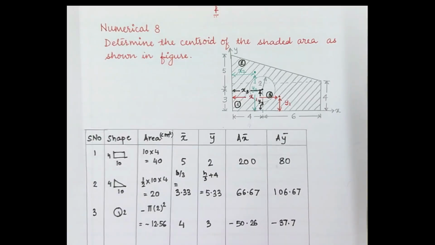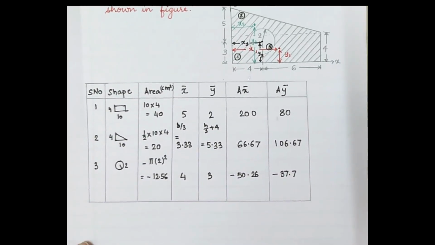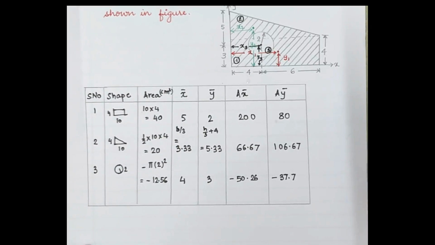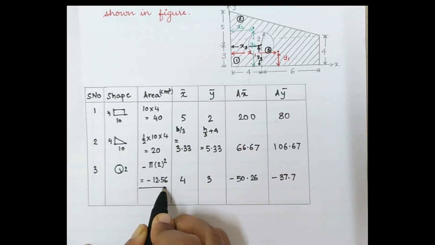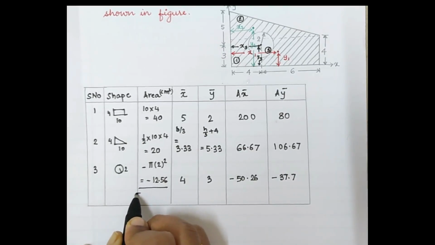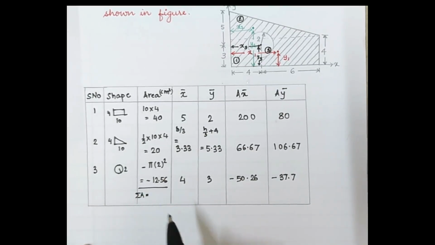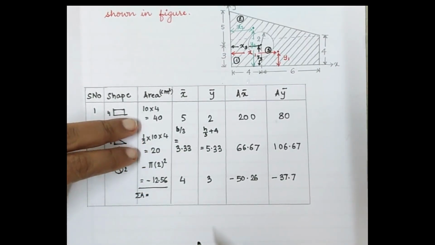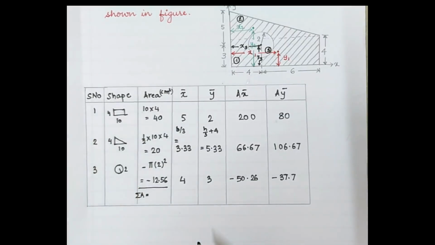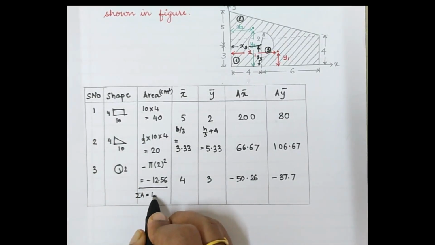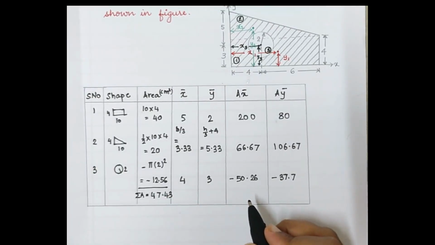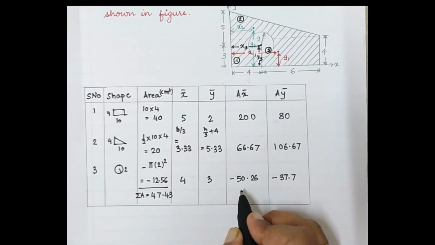Now these values are the values that we have received from the individual figures. Now we have to calculate the cumulative value of the centroid. To do that, we are going to take these values and add them up. So this is summation A. Since this value is negative and the remaining two values are positive, we will add these two values and subtract this value. At the end, we get the value as 47.43. This will be in centimeter square.